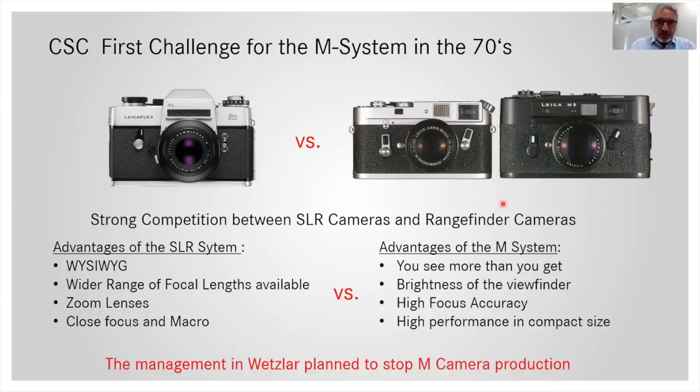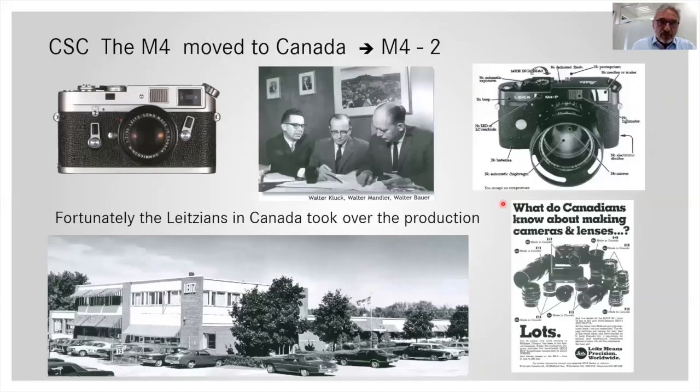At that time, the management in Wetzlar planned to stop M camera production. This was really a big crisis. Fortunately, the colleagues in Canada decided to take over the M production because they needed the M camera to continue the production of M lenses.